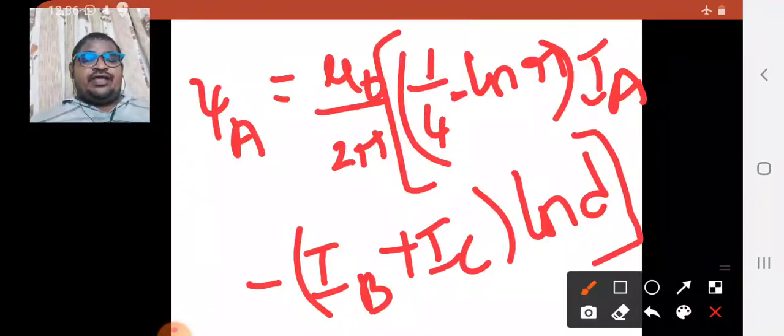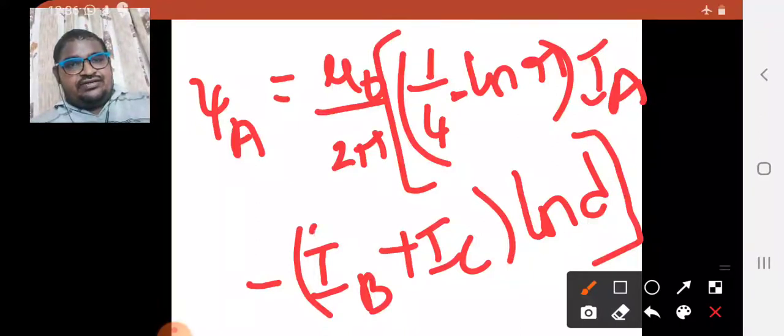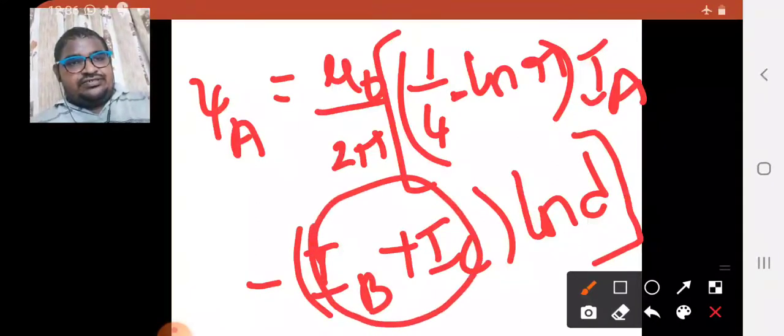Now we know that IB plus IC plus IA is equal to 0. So IB plus IC is equal to minus IA.